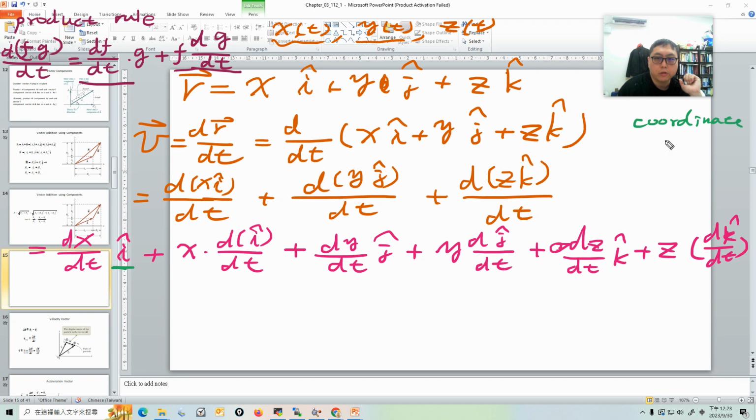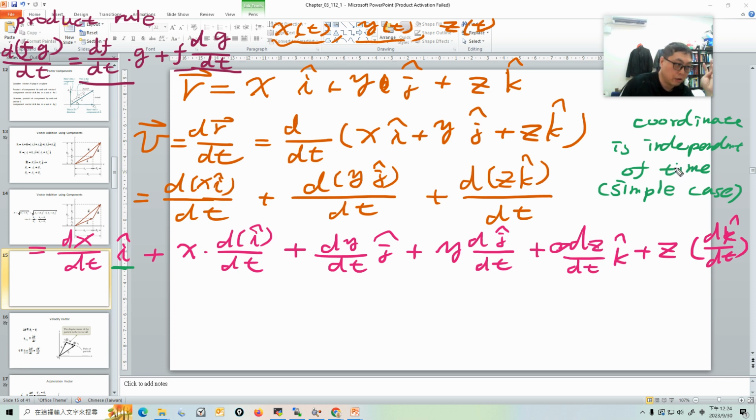Later this semester, when I talk about rotation, I will show you that actually sometimes the coordinate system is a function of time. Right now we are doing a very simple problem, so the coordinate system is not a function of time, but in rotation you cannot take this for granted.